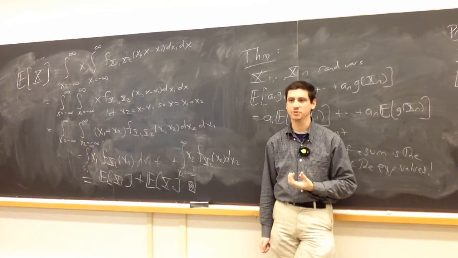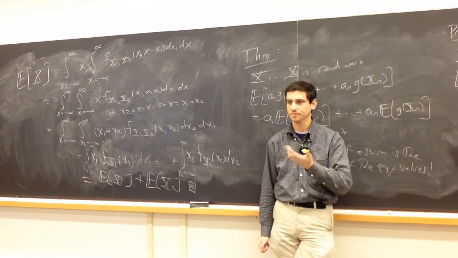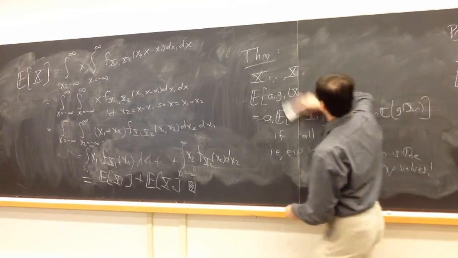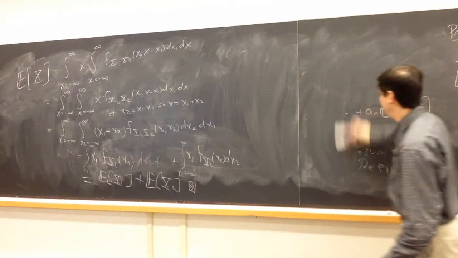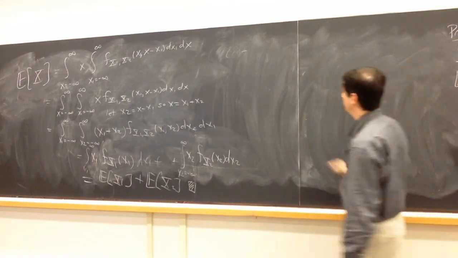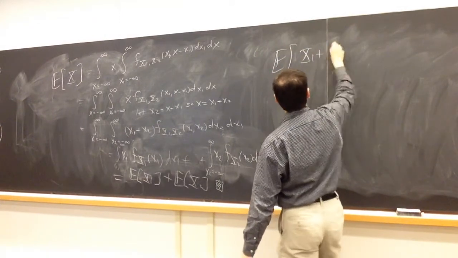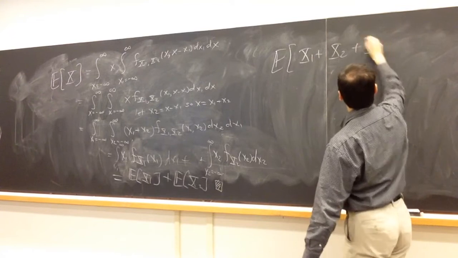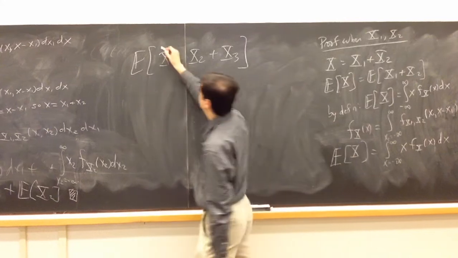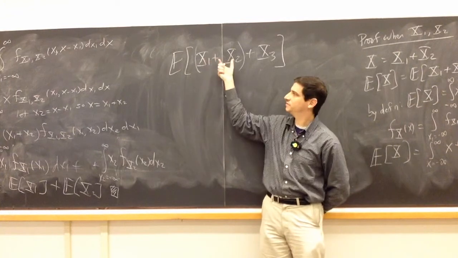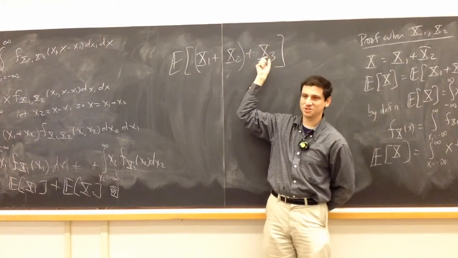If we had three random variables, would it be hard? What would we do? You could group. Excellent. So you can prove by parentheses. For any finite sum, it's not bad. If I give you the expected value of x1 plus x2 plus x3, I am a huge fan of proof by grouping. Put parentheses here. Now we have the sum of two random variables, the random variable x1 plus x2 and the random variable x3.